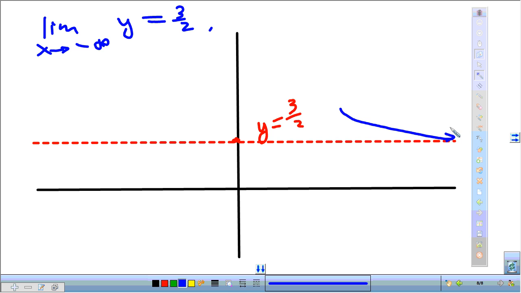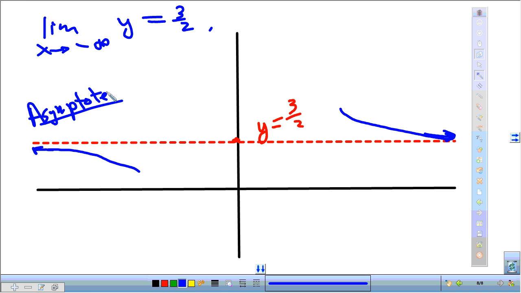As it exits this particular graph, we would see this behavior of approaching this line. And the limit as x becomes very large negative has this property, so we would see it approach that same y equals 3 halves. So near the edges of the graph we see this asymptotic behavior.